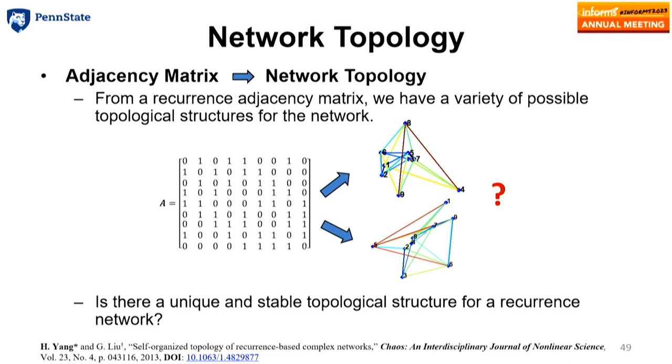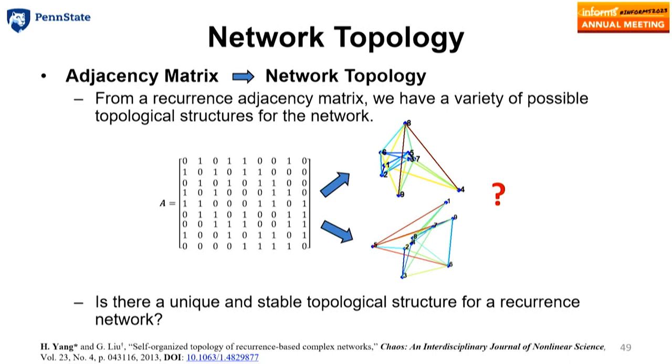How can we go from adjacency matrix to topology? For the same adjacency matrix, we could have a variety of topological structures for the network. For example, these two links are the same, right? They are all derived from the same adjacency matrix, but the shape is a little bit different. Which one should we use? Is there a unique and stable topological structure for a recurrence network?